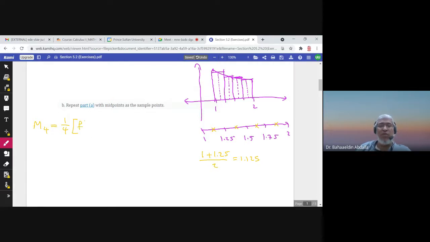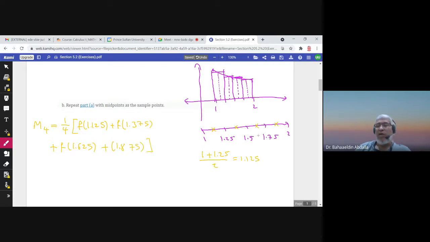So it is f of 1.125 plus f of. Now we add the length, which is 1 over 4 or 0.25. So we have 1.375 plus f of 1.625, just adding 1 over 4 to each midpoint, and then 1.875.